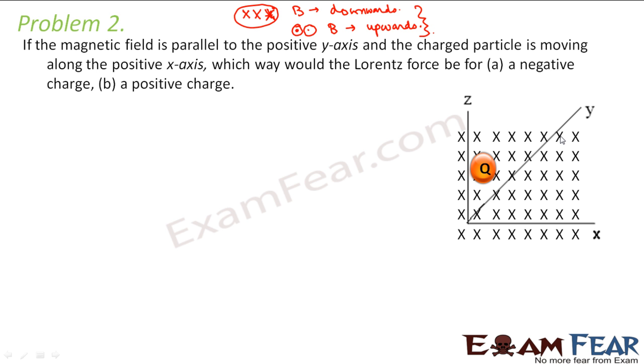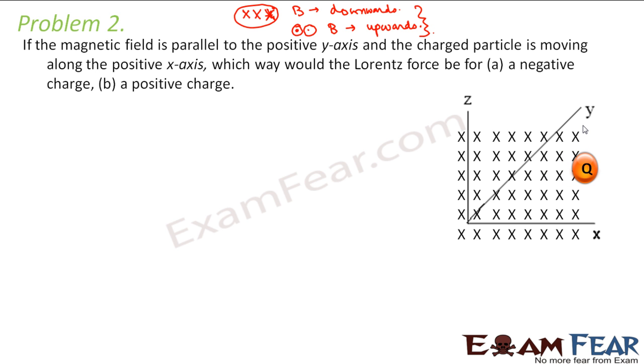So when it says the magnetic field is parallel to the y-axis, along the y-axis it is towards downwards, that is, downwards when compared to the plane of the paper, and the charged particle is moving along the positive x-axis. So this is how your charged particle is moving.